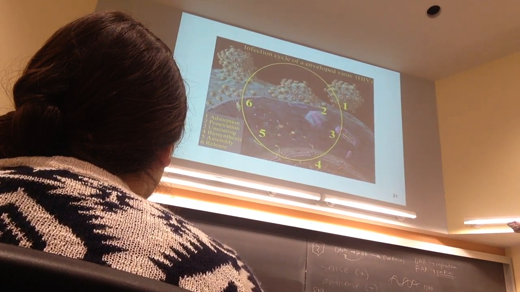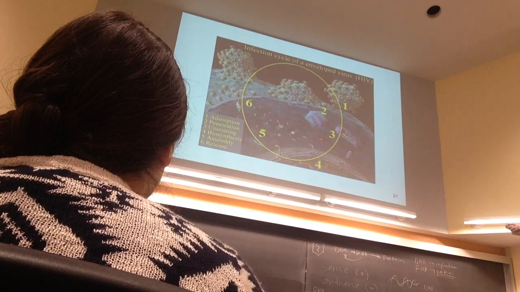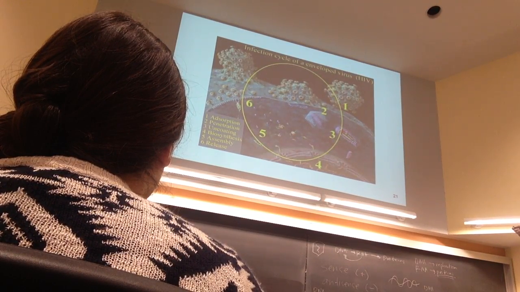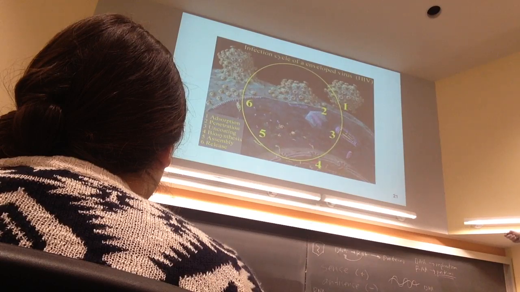It loses the capsid. Then once it's naked inside the cytoplasm, it will replicate in the nucleus of the cell. Once it replicates itself, the ribosomes of the cell will produce the proteins that form the capsid, and they will assemble the viral particles, and then they will be released back to the outside.